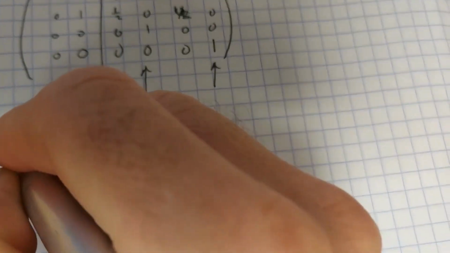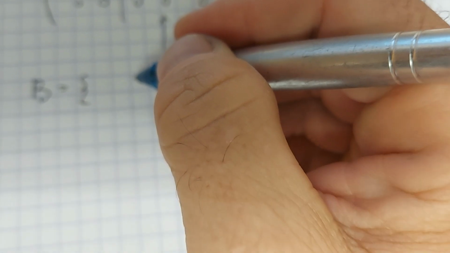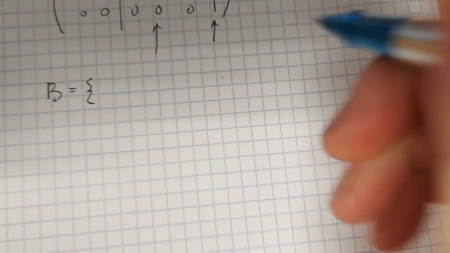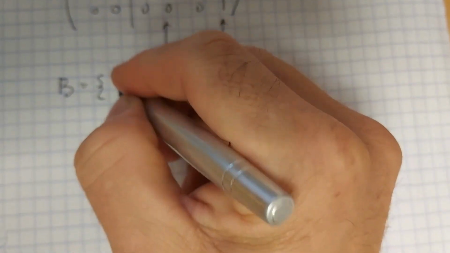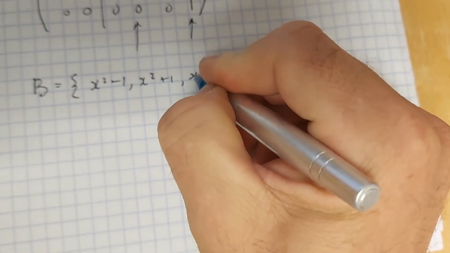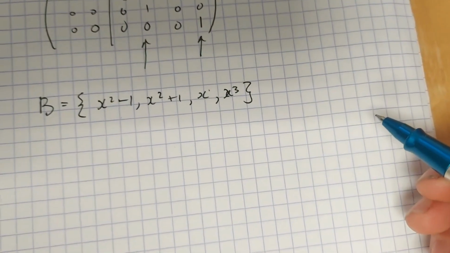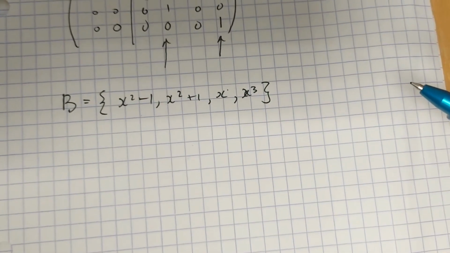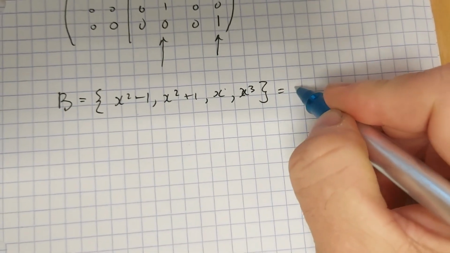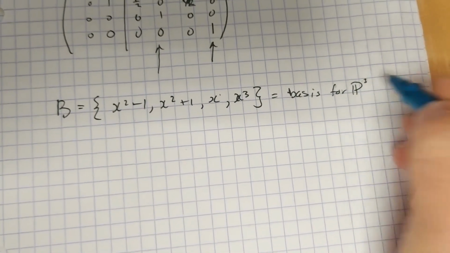And so our basis set B, once it is extended to all of P3, is going to then be x squared minus 1, x squared plus 1, the x vector, and then the x cubed vector. So those are the four vectors that we need, given our original combination, to extend to cover the basis for P3. So this is the basis for P3.